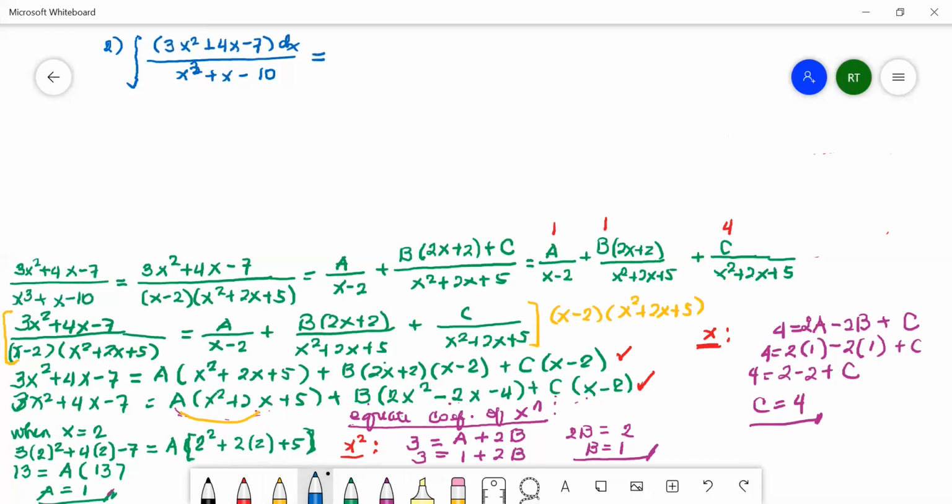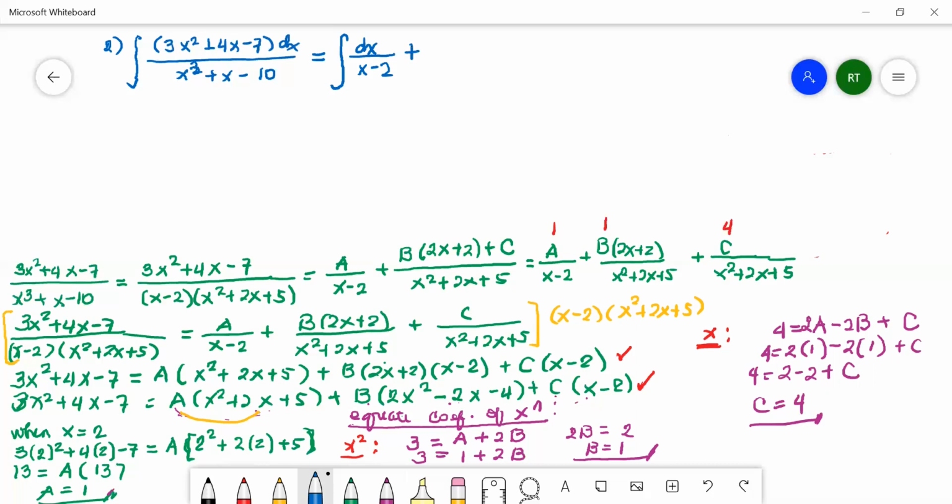Hence, the integral can be resolved, no, as sum of partial fractions. No, a is equal to 1, so we will have, let us just write this as dx over x minus 2 and express it as sum of integrals.